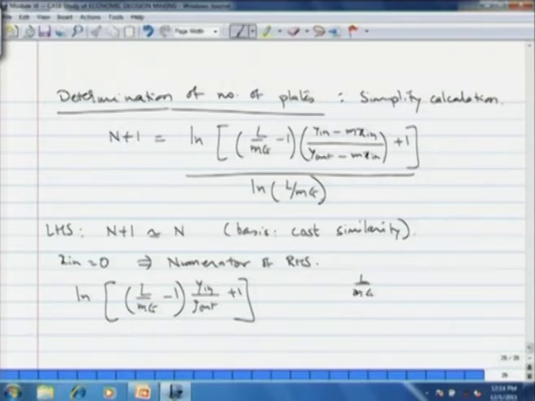From the thumb rule we have said L by mg equal to 1.4, and for 99% recovery or even higher we have said that y in by y out will be 100 or even more. Now, if you put these numbers here, then what you get is ln of 0.4 into 100 plus 1, which is ln 41.